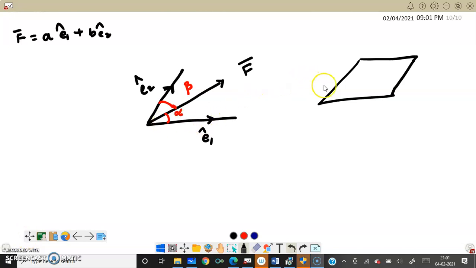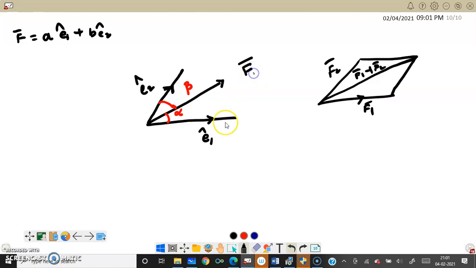Hi dears, this is very much similar to two forces. Suppose two forces F1 and F2 are there. The resultant is F1 plus F2. Here similarly F is there, right?